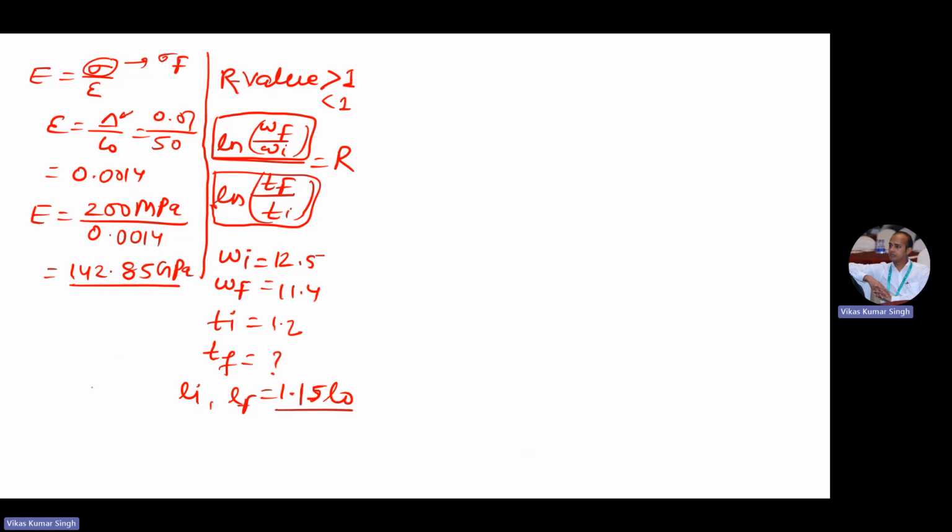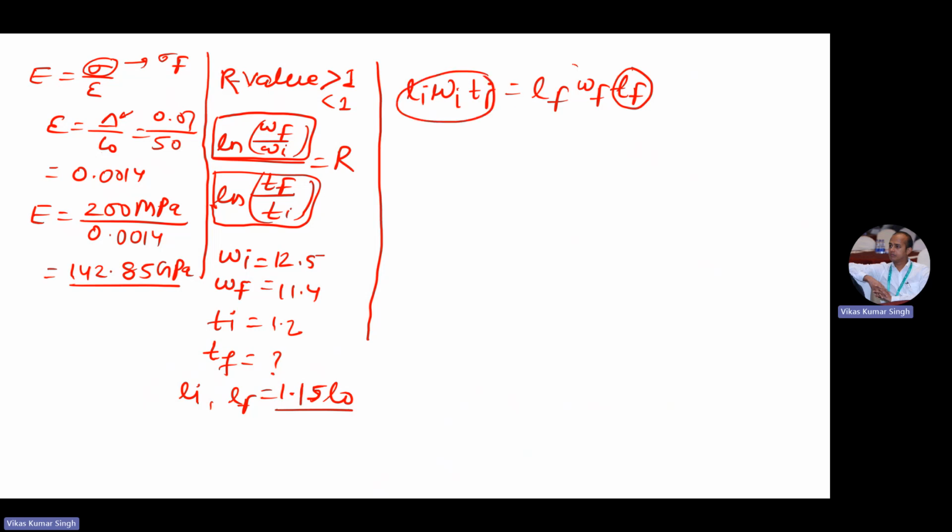Plastic deformation here, as we discussed in the previous problem, means volume consistency will be there. So you can write Li Wi Ti equal to L final, W final, and T final. From here T final you can calculate by dividing this term by this one.